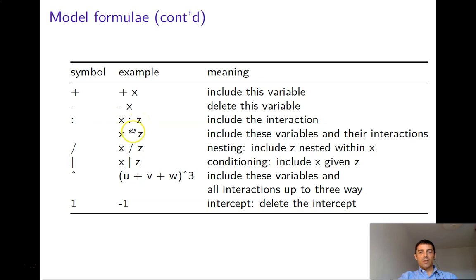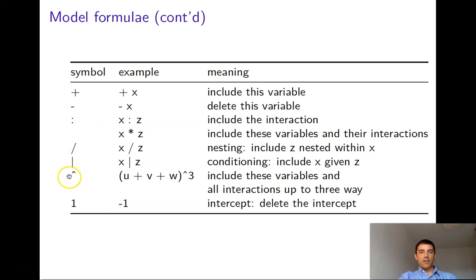This asterisk, the times, is a convenient shorthand for including both the variables x and z and their interaction. The slash can be used for nesting in a hierarchical model, and the pipe here can be used for conditioning in a mixed effects model. And we will talk about this later in the course.